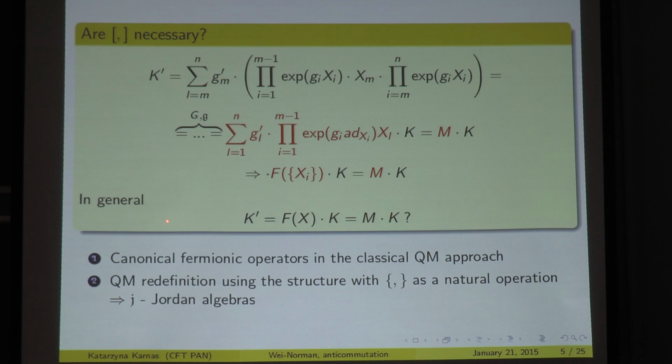At first, one can use the operators as basis vectors that satisfy canonical anti-commutation relations, that means fermionic operators, and then use the whole Lie group and Lie algebras machinery, because also anti-commuting operators may generate the Lie algebra, or completely redefine this Wei-Norman method using the structure for which the anti-commutator is a natural operation.